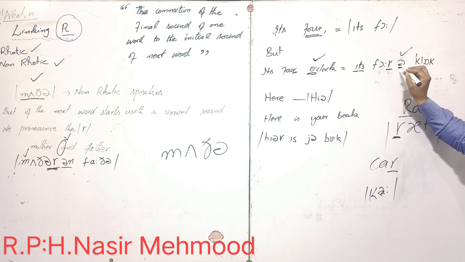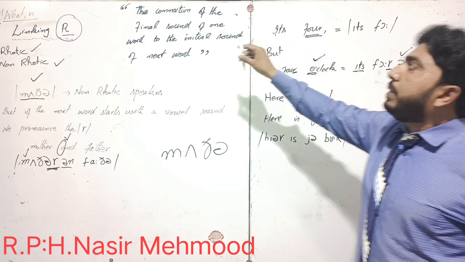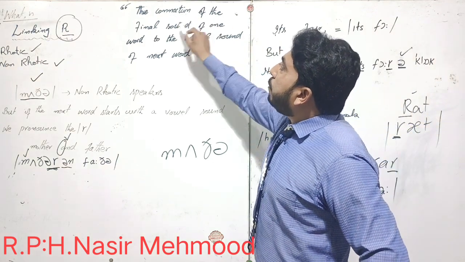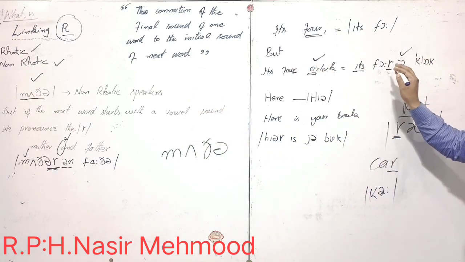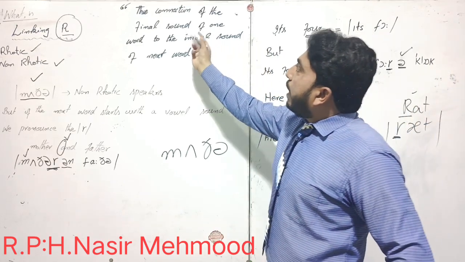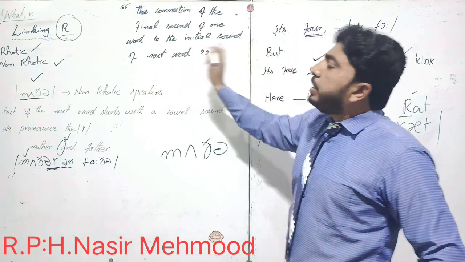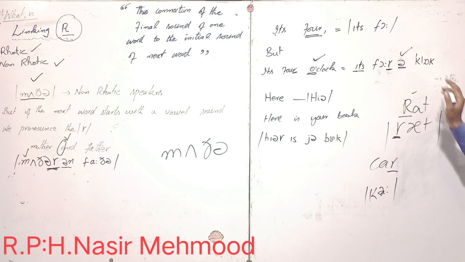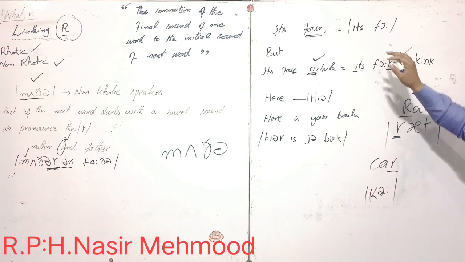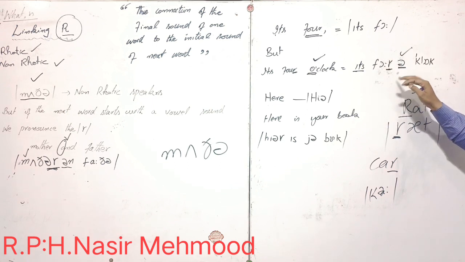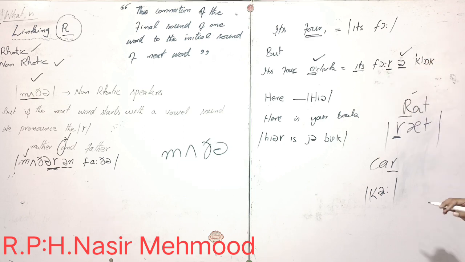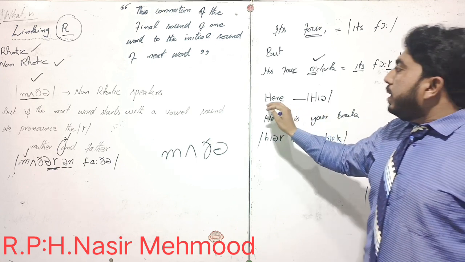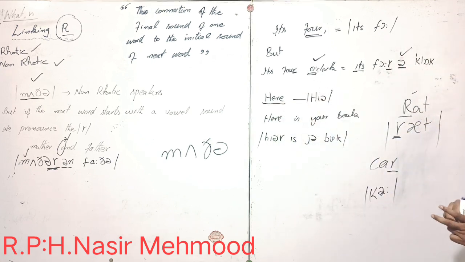R is linked, R is connected, as we have in the definition: the connection of the final sound, here the final sound is R, of one word to the initial sound of the next word. The initial sound is of course o, and in short form we will pronounce R. It's four o'clock.